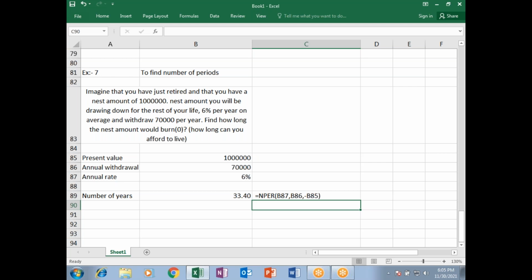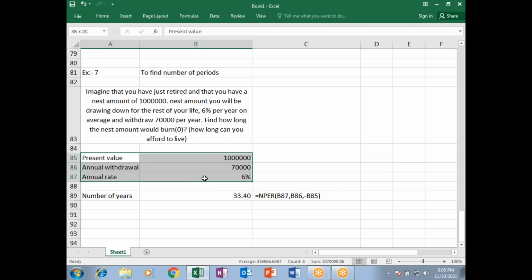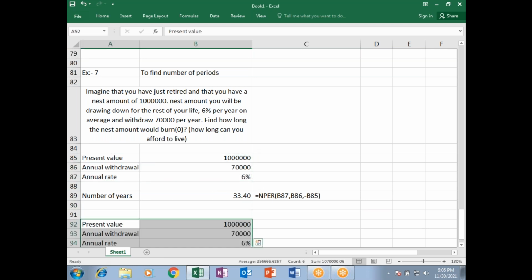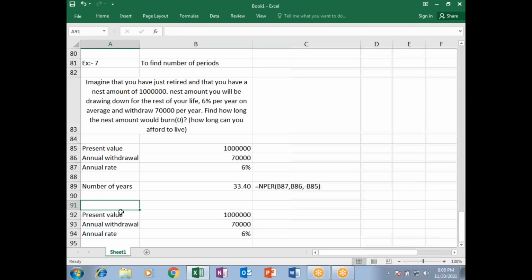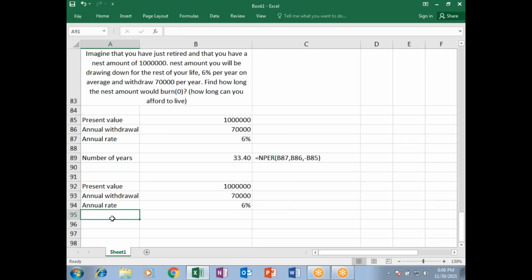So if I give to the charity as well, in the same manner I'll take the future value. That would be 1 lakh. So what is the number of years now?